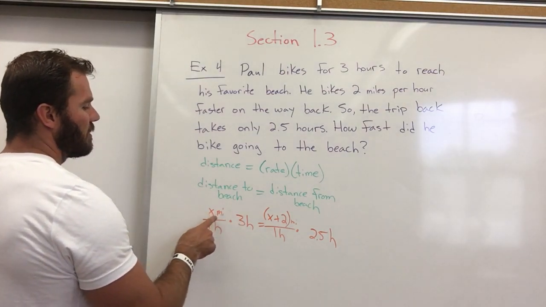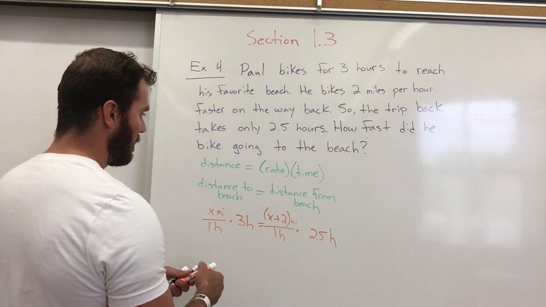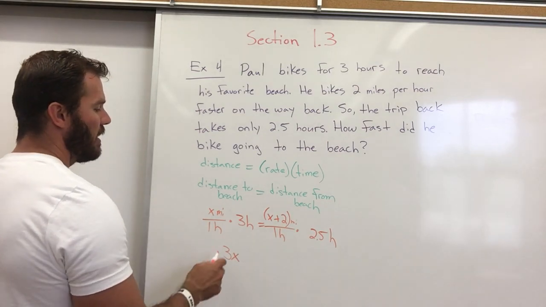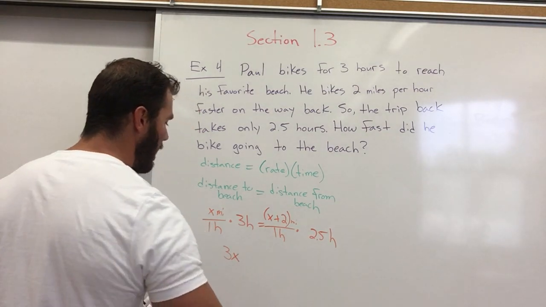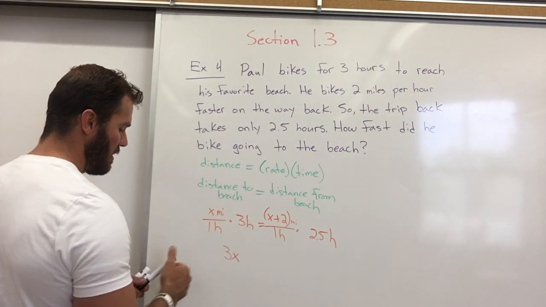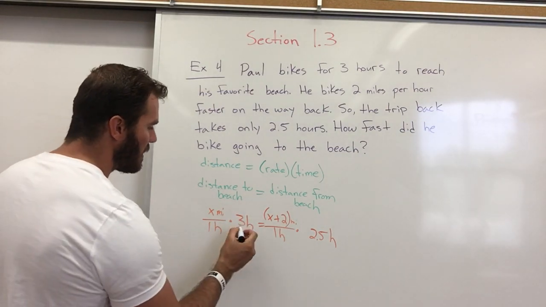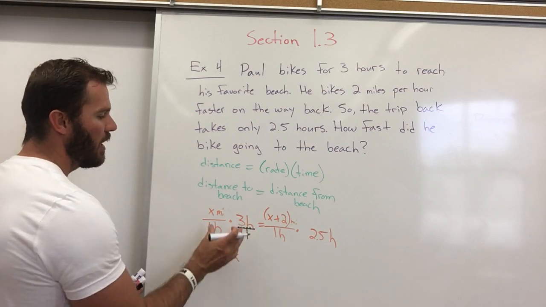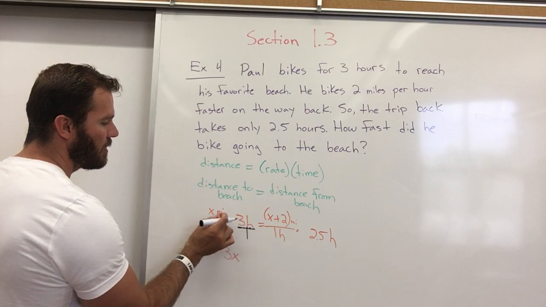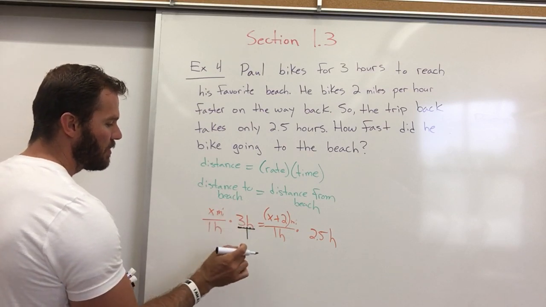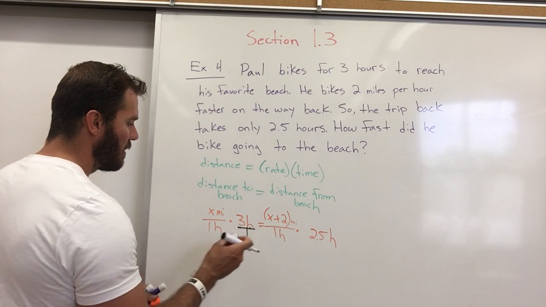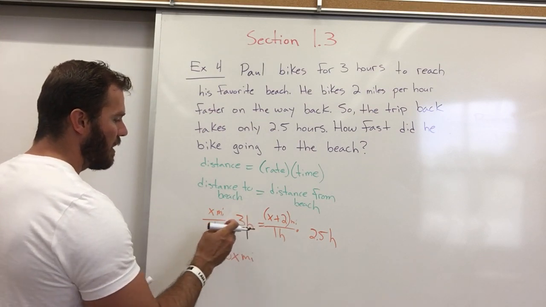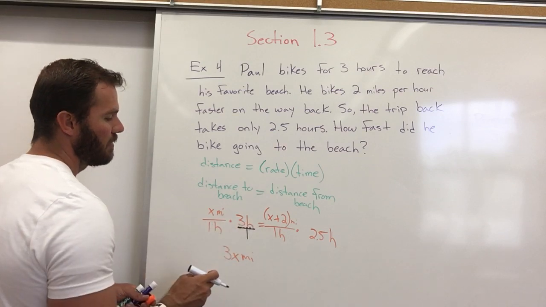3 times x is 3x. And the hours, you guys, when you have hours on top of each other like this, so this is kind of like the same as saying 3 hours over 1, and you multiply these together, the 3 hours times x miles, so you get 3x miles, and the hours are going to cross out.